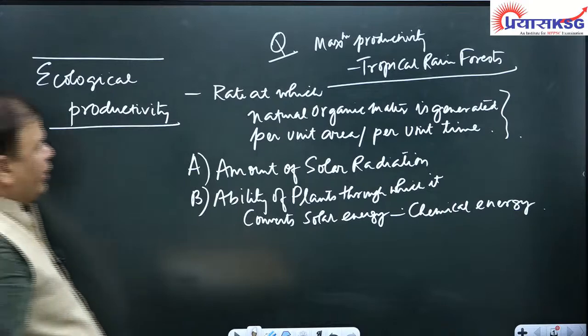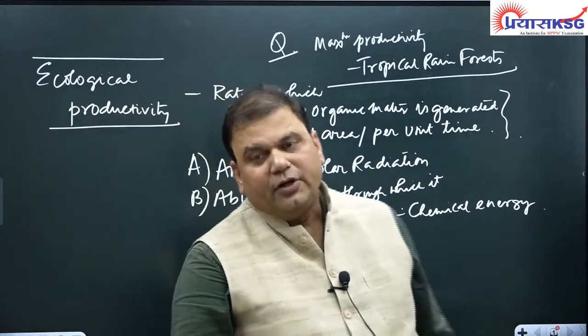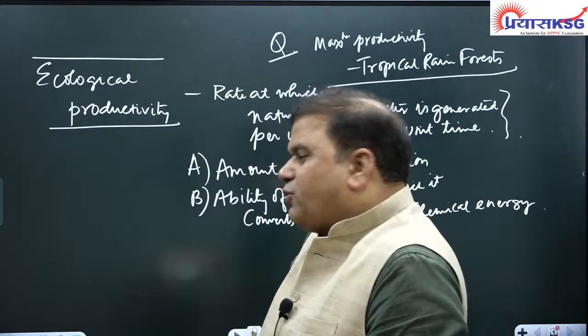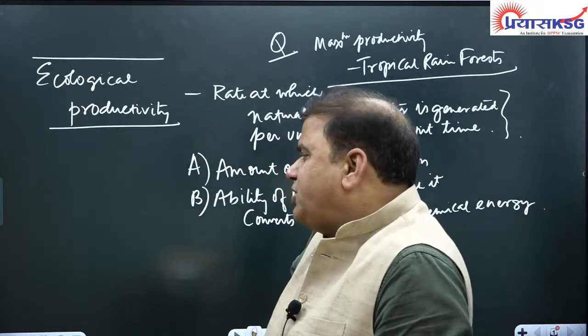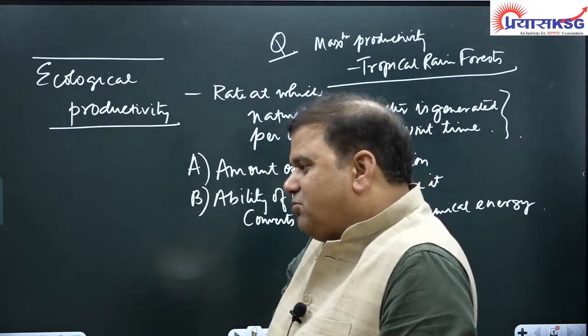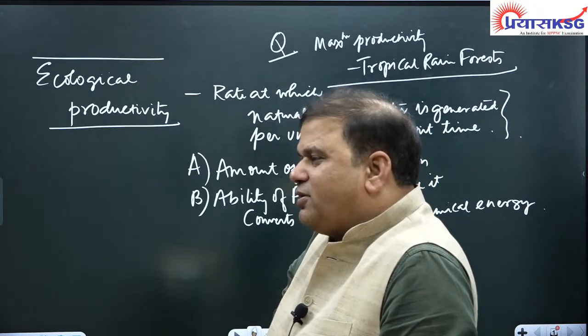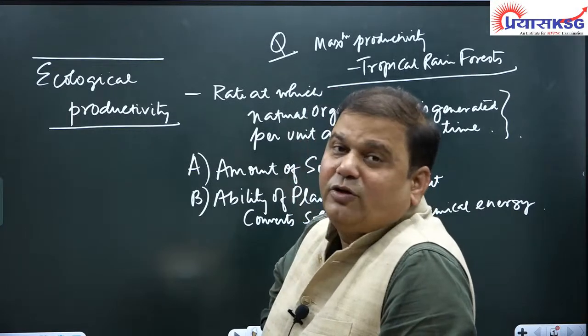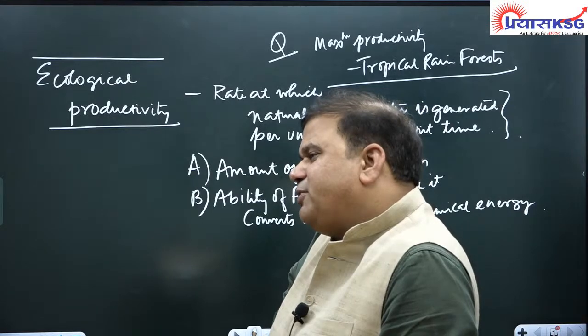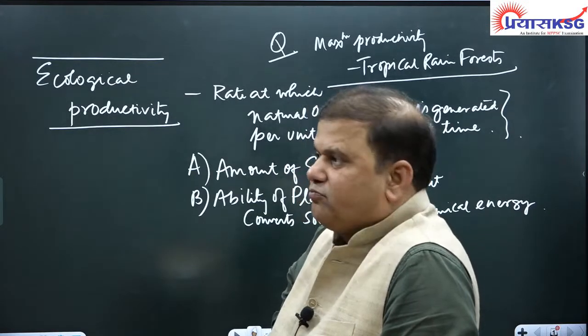Clear? Now when you talk about it, three-fourths of the earth is nothing but ocean. So oceans should have high ecological productivity because a greater part of the earth is nothing but ocean. But oceans have low ecological productivity. Why? Because of two factors.